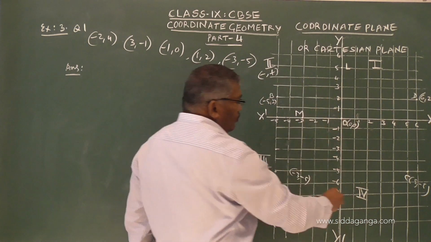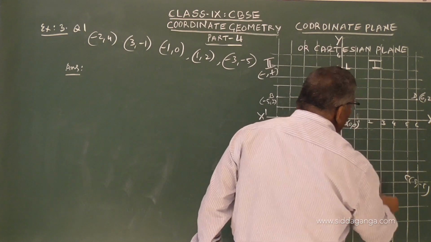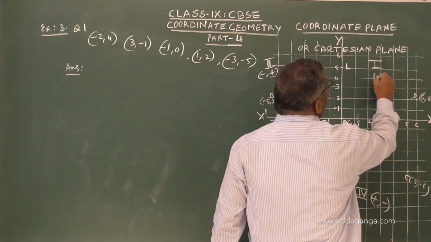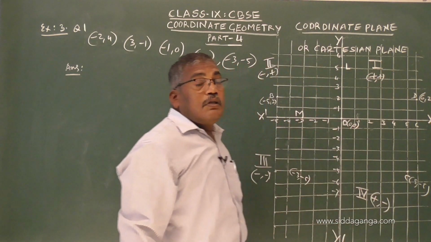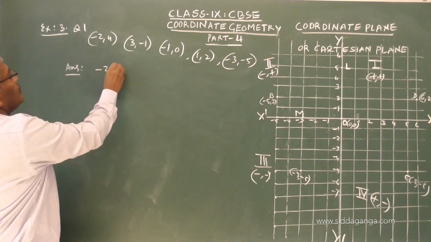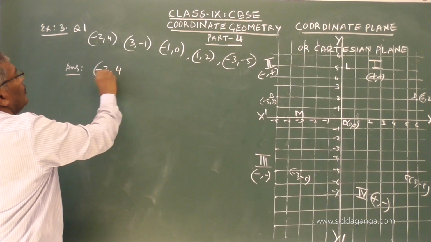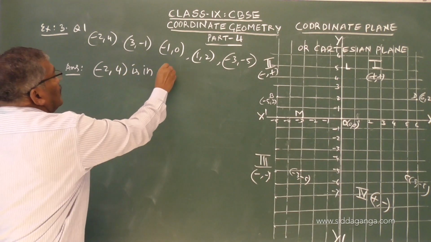X is positive, y is negative. So plus, minus. In the first quadrant both are positive. So you are aware of this. Therefore (-2, 4) is in the second quadrant.